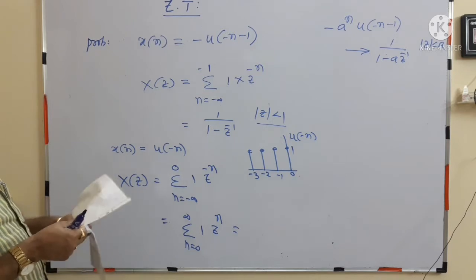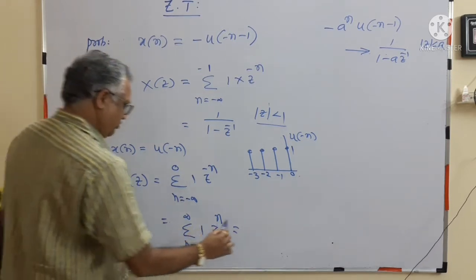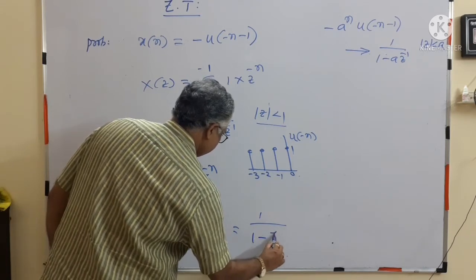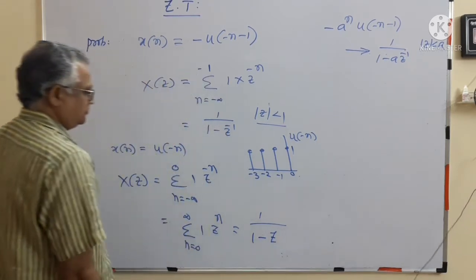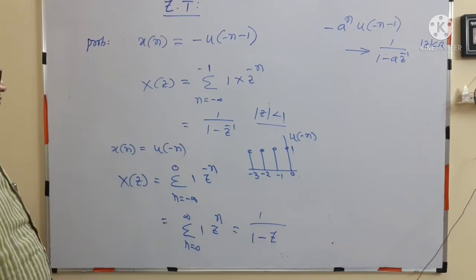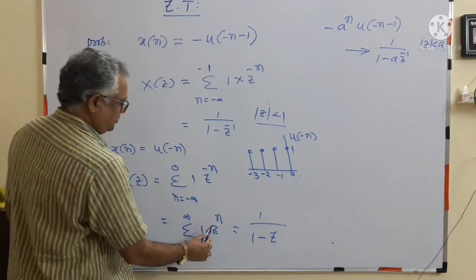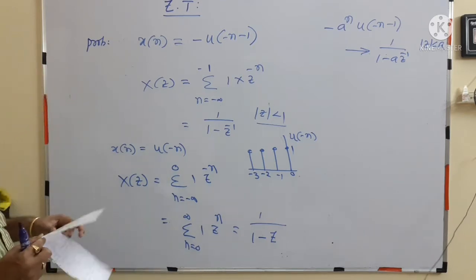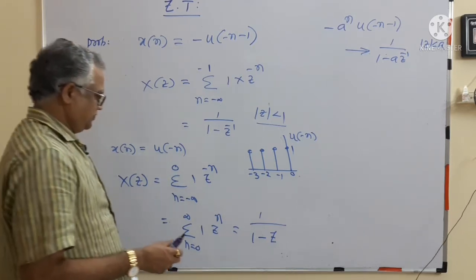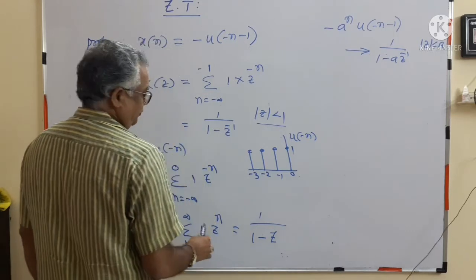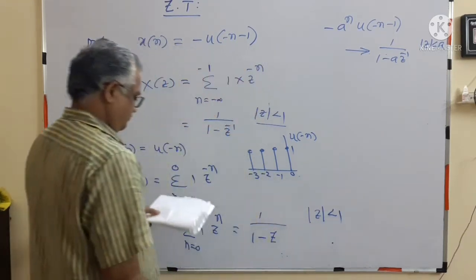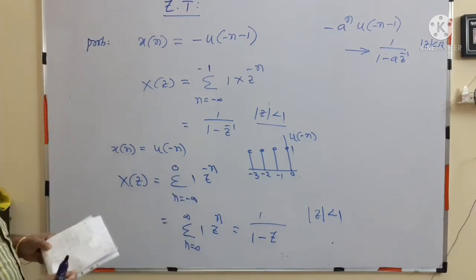So the answer is 1 by 1 minus z, with ROC mod z less than 1.